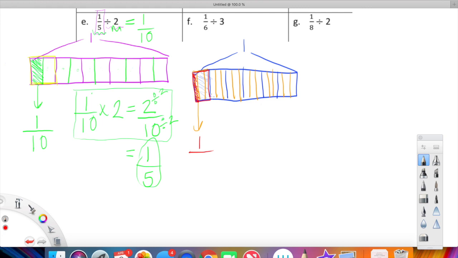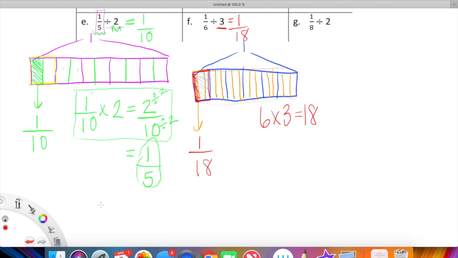I have 1, 2, 3, 4, 5, 6 pieces, and each of those pieces is divided into 3 equal groups. So total, I have 18 pieces. So when we're looking at 1/6 divided by 3, a fraction divided by a whole number, we are going to find 1/18, because now our whole 1 has 18 pieces.